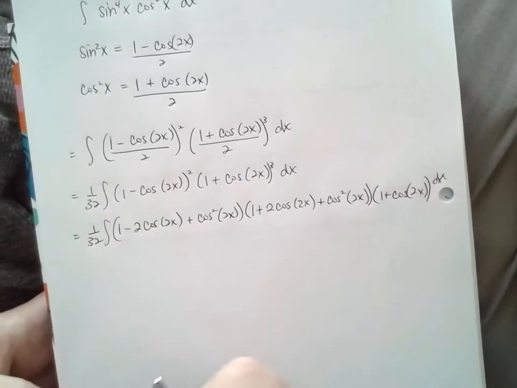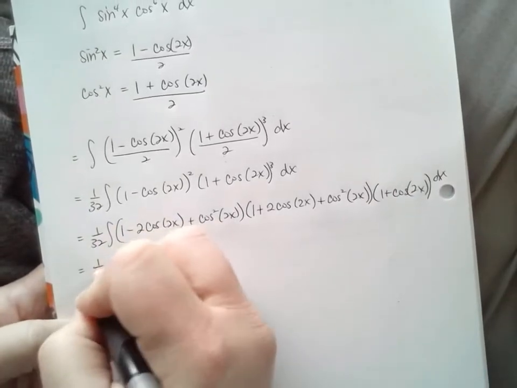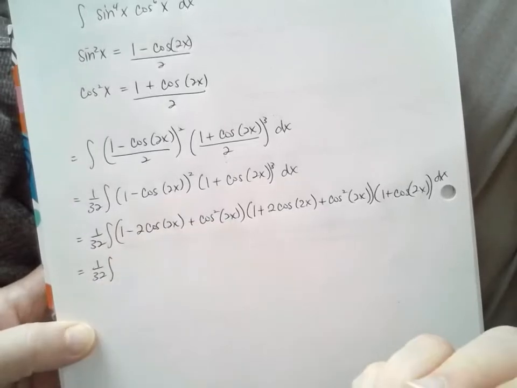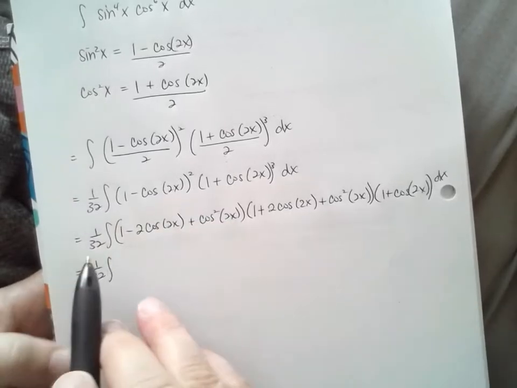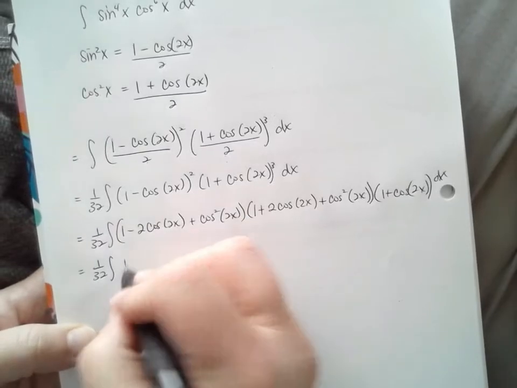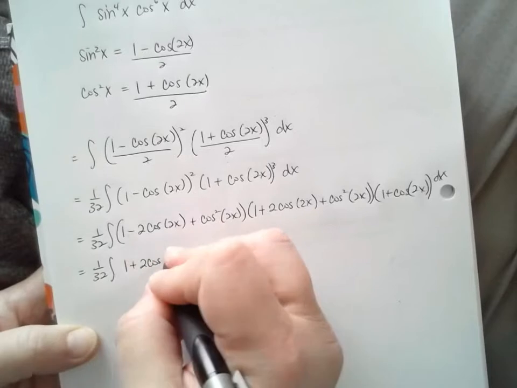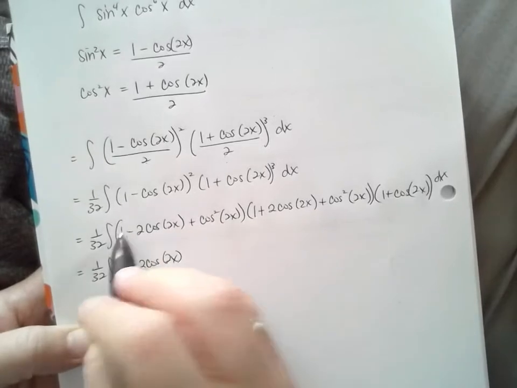Okay, there's a lot of distribution that's about to happen. Oh my goodness. This may not be the most efficient way, but that's okay. I'm going to do 1 times 1, 1 times that, 1 times that.